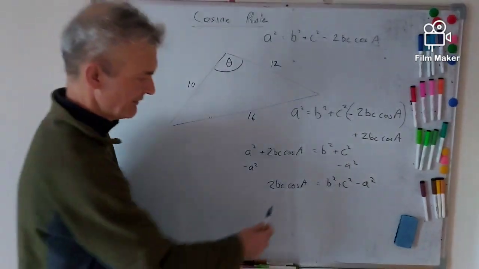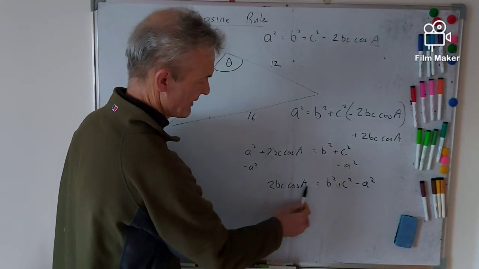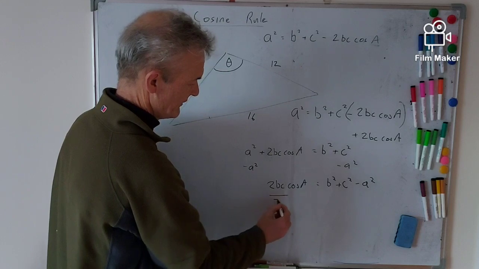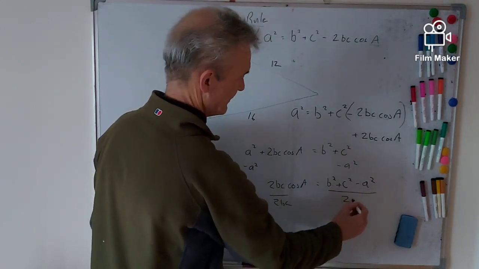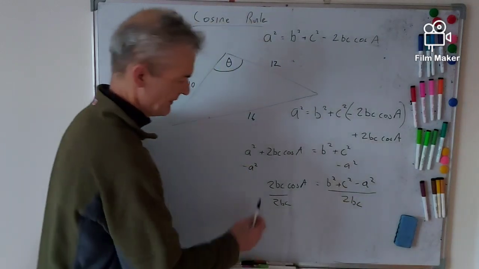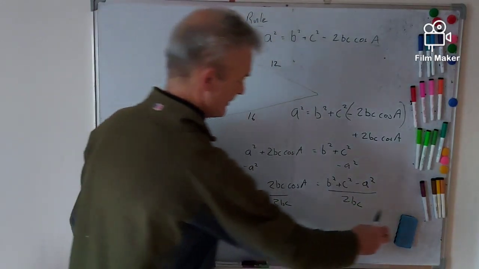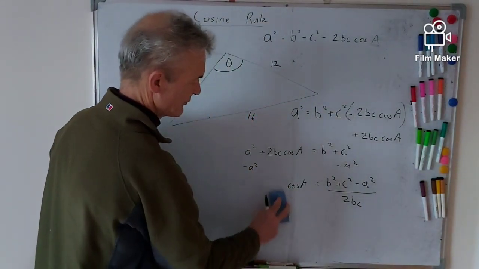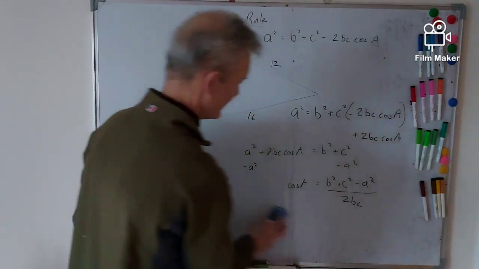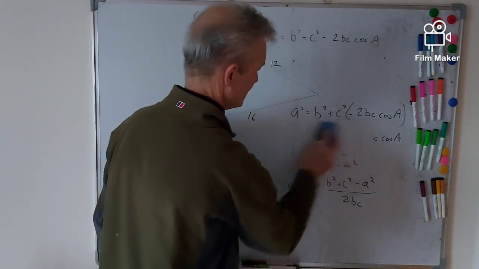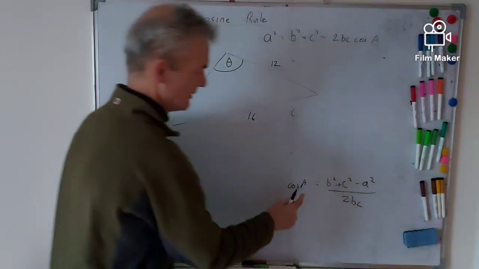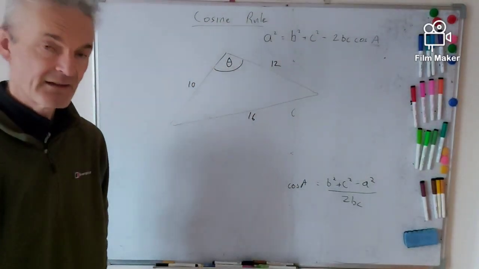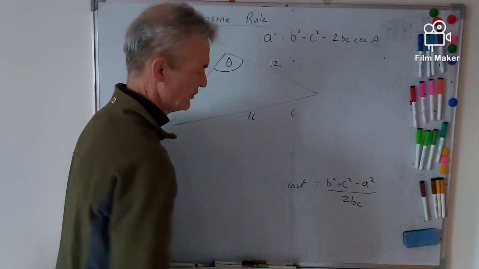Now to isolate cos a, we're going to divide both sides by 2bc. Hopefully you can see they're just going to cancel out over here. So I'll remove that, and we've got cos as the subject of this formula.